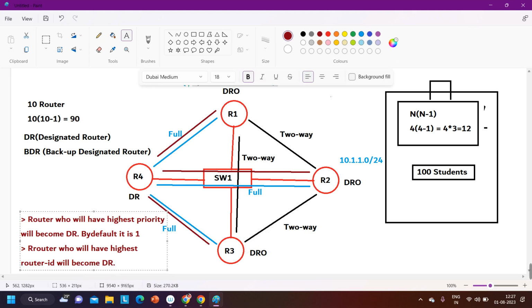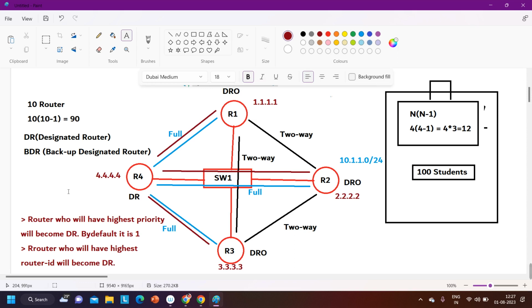Two routers cannot have the same router ID. By default priority on all routers is the same, and the router ID of router 1 is 1.1.1.1, router 2 is, let's say, 2.2.2.2, router 3 is 3.3.3.3, and router 4 is 4.4.4.4. So which router will become DR? Router 4.